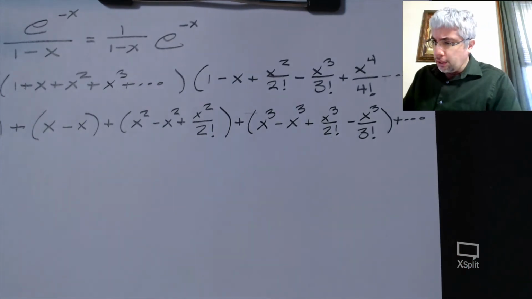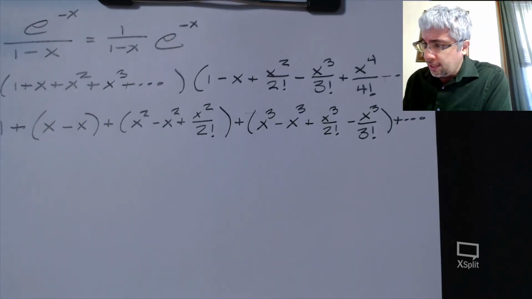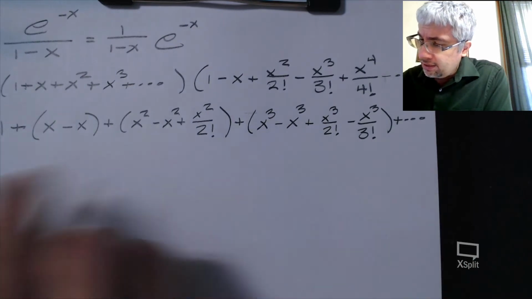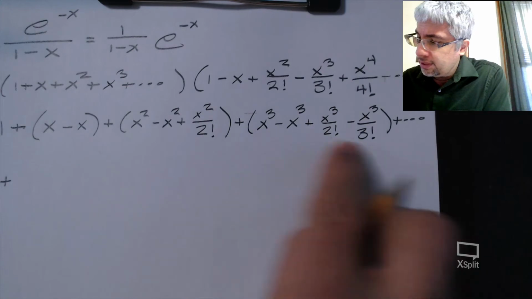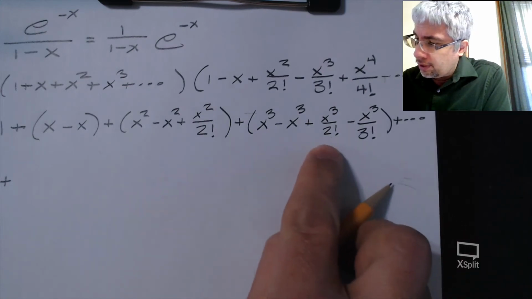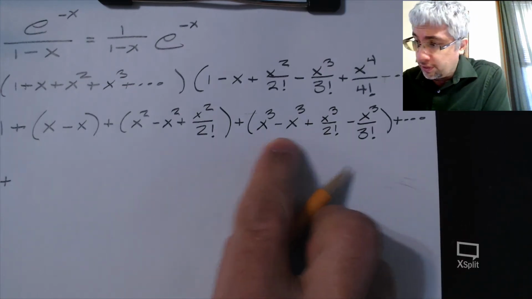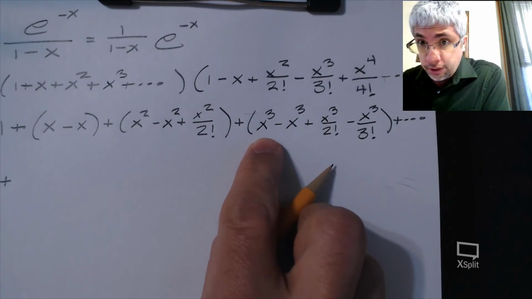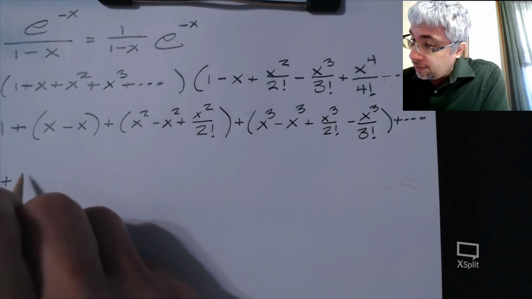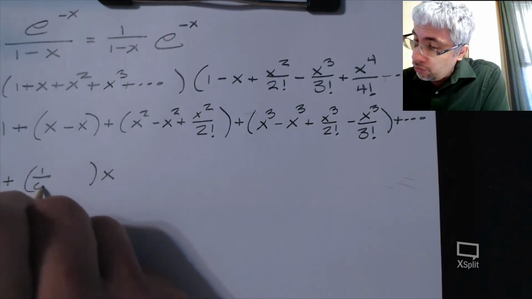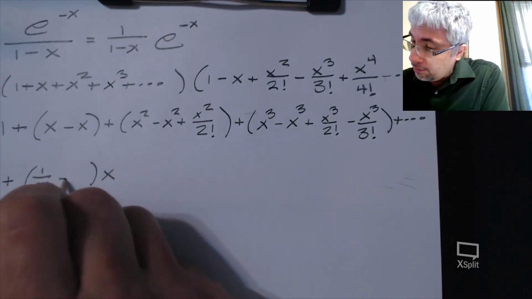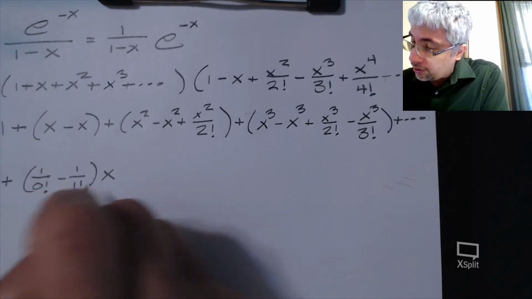Okay, well, let's see what I'm getting here exactly. This is going to be 1 plus, well, I could express each of these. We could see there's a pattern here, right? This is 2 factorial, this would be over 1 factorial, and this would be over 0 factorial. So if I pull out an x, I get 1 over 0 factorial minus 1 over 1 factorial.